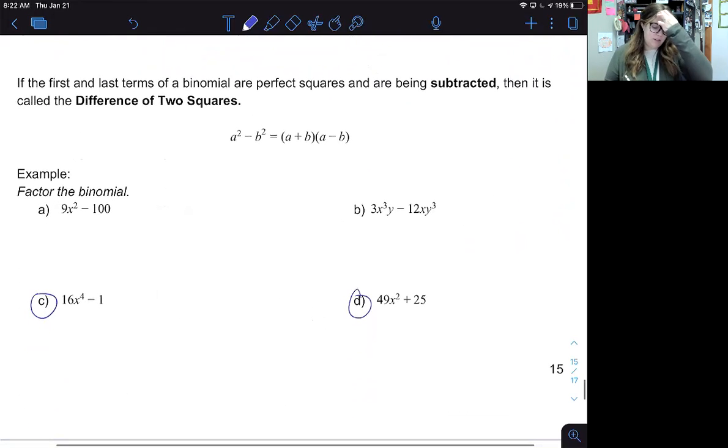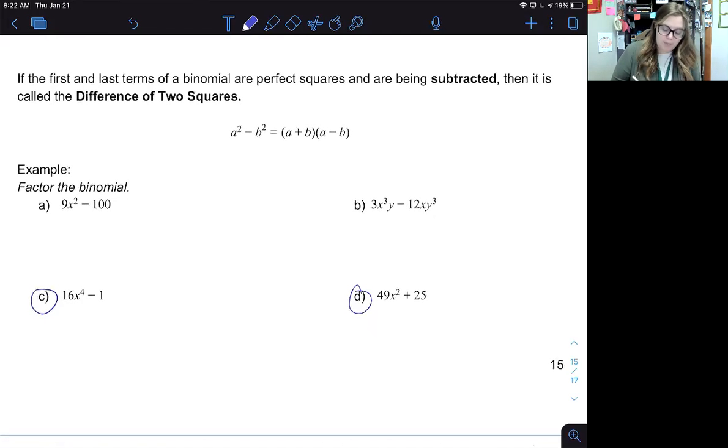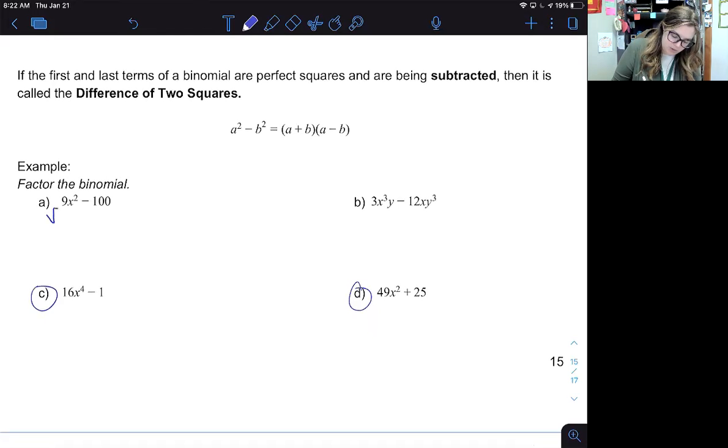Now let's look at difference of two squares. So if the first and last terms of a binomial, so remember a binomial, we're looking at two terms, are perfect squares and they're being subtracted, then it is called the difference of two squares. So if we look at this first example, 9x squared minus 100. So I'm going to take the square root of the first, and we get 3x.